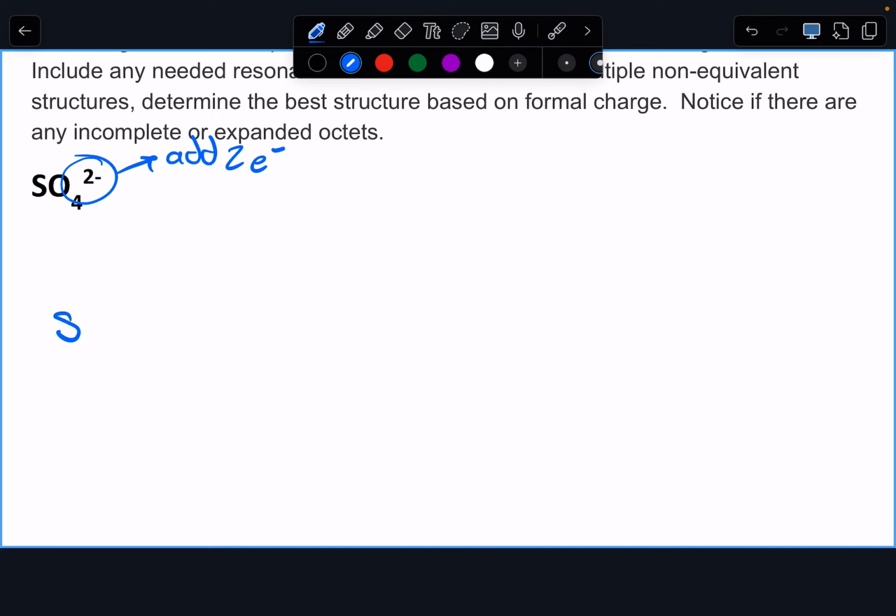And because there are a bunch of versions, I'm going to start drawing them now.